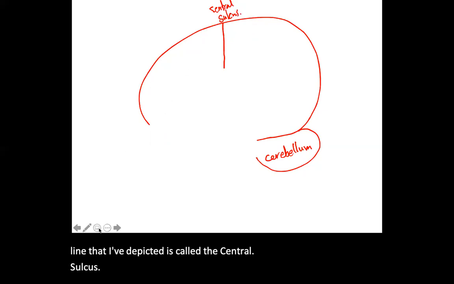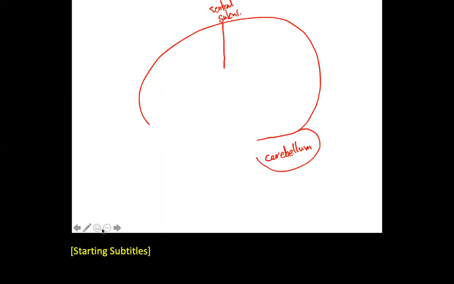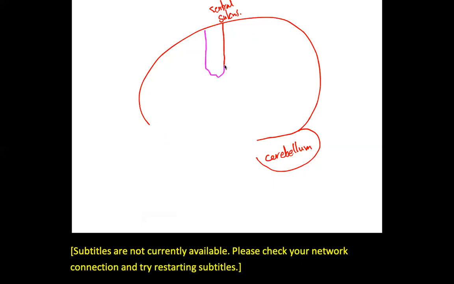Now, the region that is immediately in front of the central sulcus, this one change my color. The area that is immediately in front of the central sulcus, which is, let's say, this area. This is called the, as in before, central gyrus.